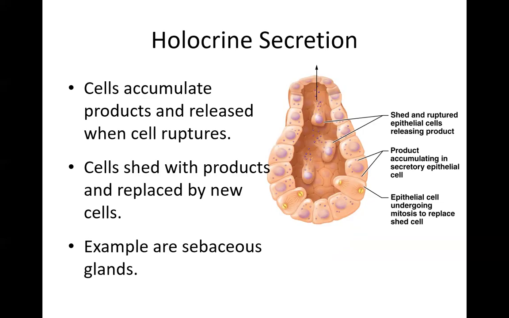They rupture and release their content to the apical side, and the products accumulate in the secretory epithelial cell, and the epithelial cell undergoes mitosis to replace the shed cell.